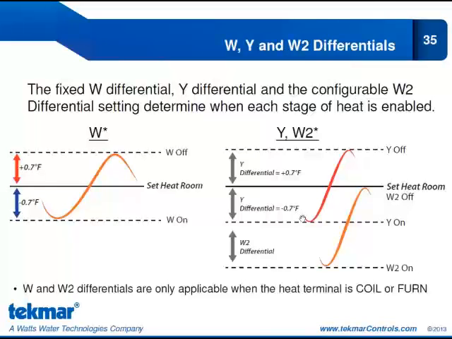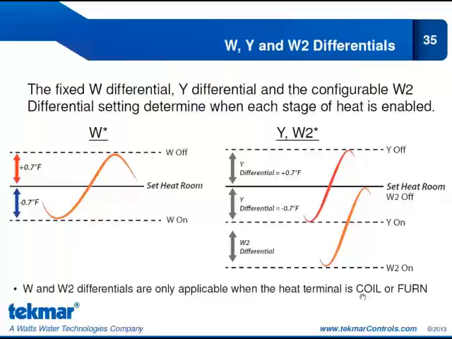Your Y differential is also 1.4. 0.7 below the set heat room and 0.7 above the set heat room. So the Y differential is also a fixed differential for the heat pump. The W2 differential is configurable if your heat terminal is coil or furnace.